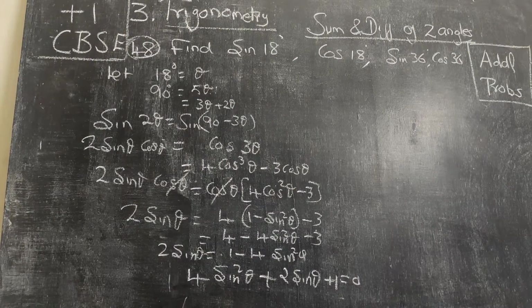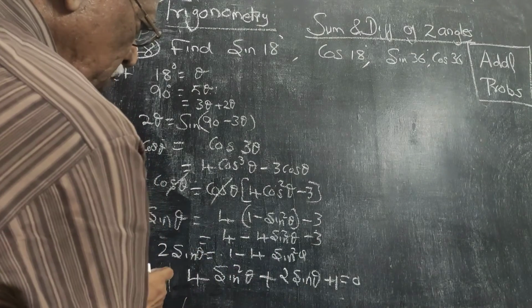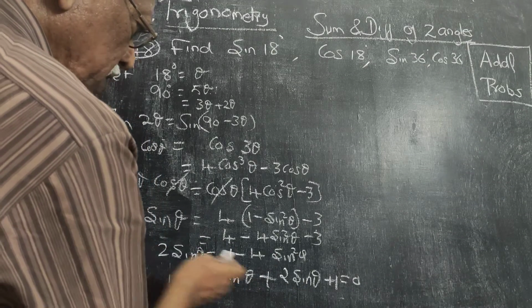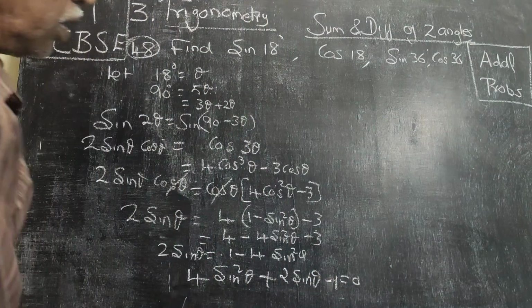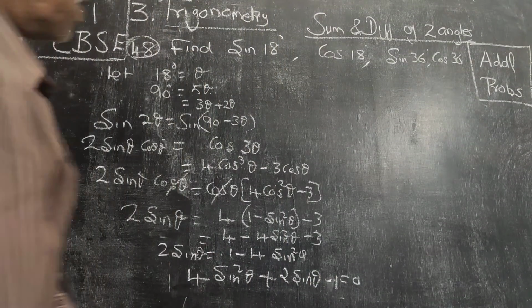See whether you are understanding up to this. So 4 sin square theta comes here, plus, and 2 sin theta is already there, and 1 comes here, therefore it is minus 1. It is a quadratic equation. We have to solve for sin theta.